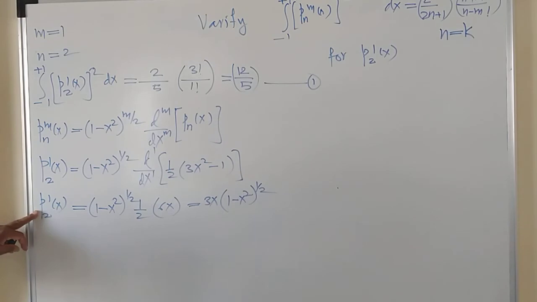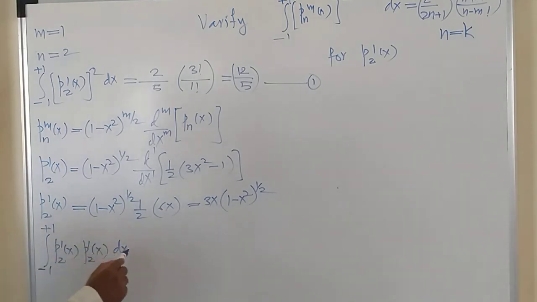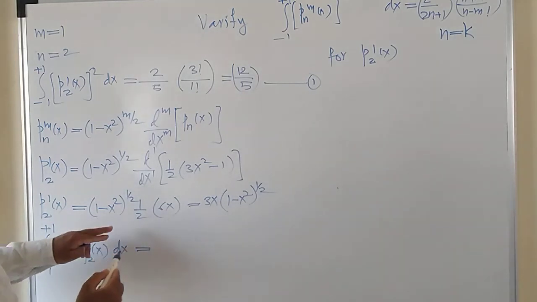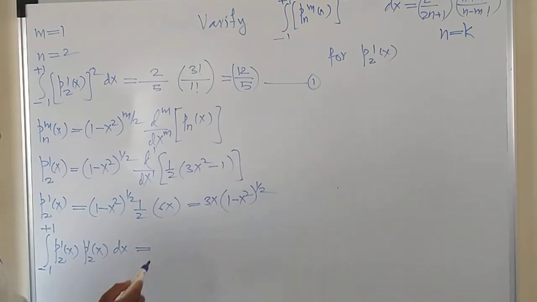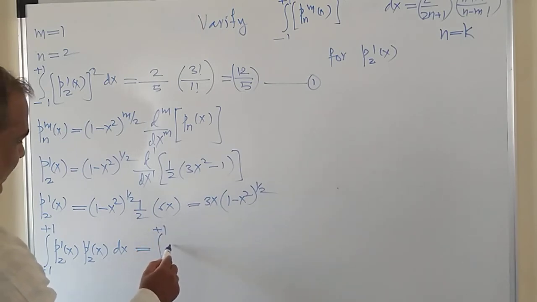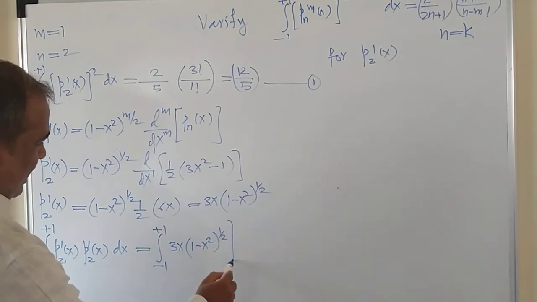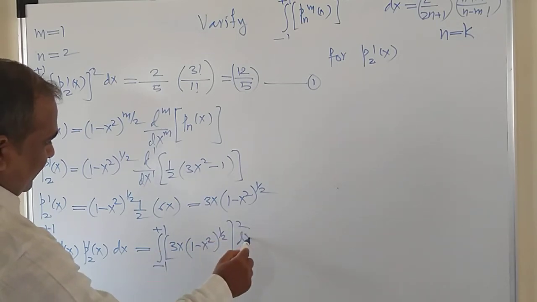Now P21 of x is known. Now use it in the orthogonality property. So integral from -1 to +1 P21 of x into P21 of x into dx. So multiplication of both will be a square, and this will be equal to the square of this. The square of this will be integral from -1 to +1 of 3x into 1 minus x square raised to power half, whole square, into dx.